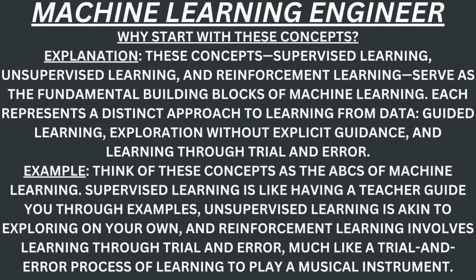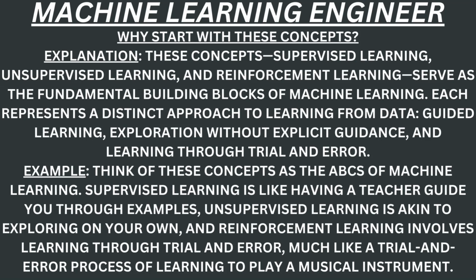Why start with these concepts? Explanation: these concepts, supervised learning, unsupervised learning, and reinforcement learning, serve as the fundamental building blocks of machine learning. Each represents a distinct approach to learning from data: guided learning, exploration without explicit guidance, and learning through trial and error.